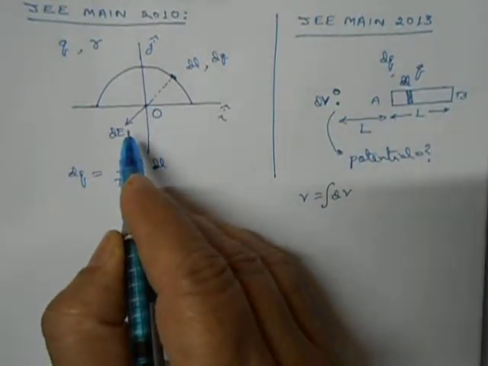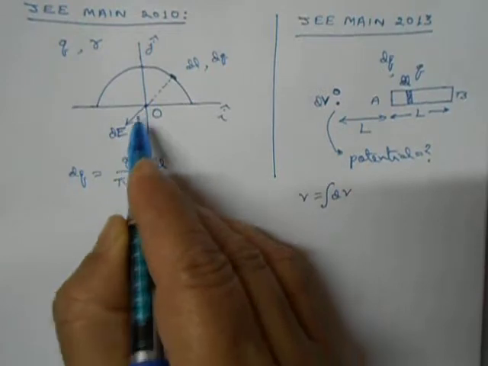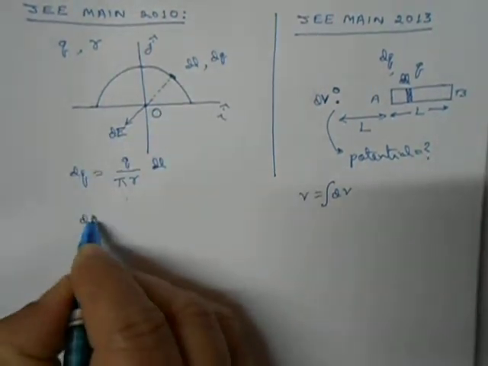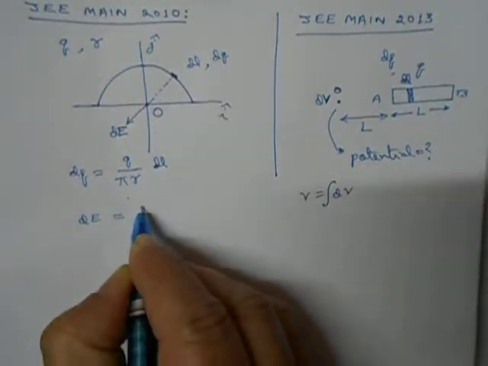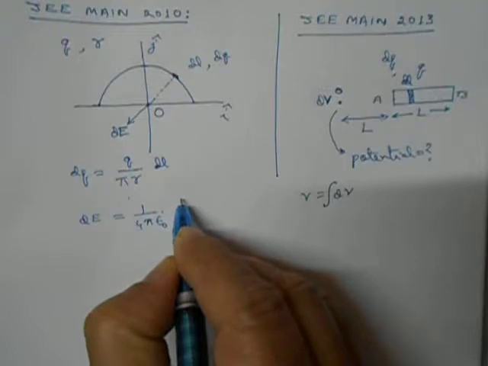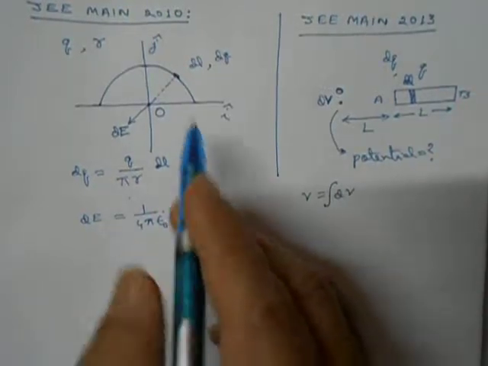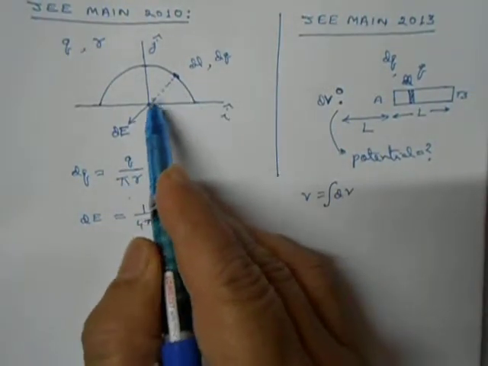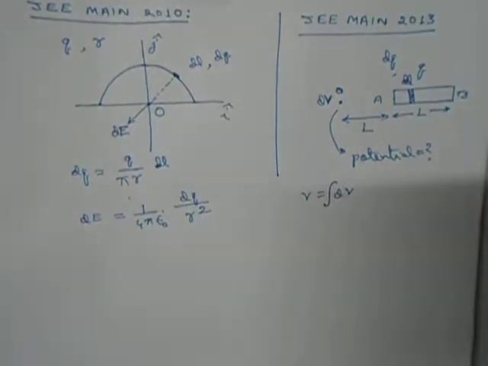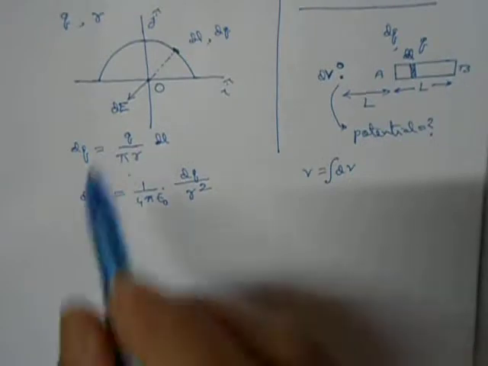This is electric field, so I am calling it dE. It will be in this direction graphically. So dE, its magnitude will be 1 by 4 pi epsilon naught, charge that is dq, divided by distance square. The distance is the radius, so this is into r square. This is the dE. It is in this direction.